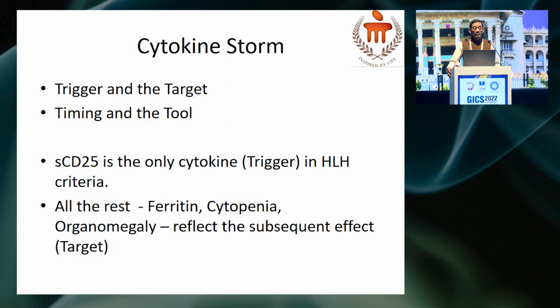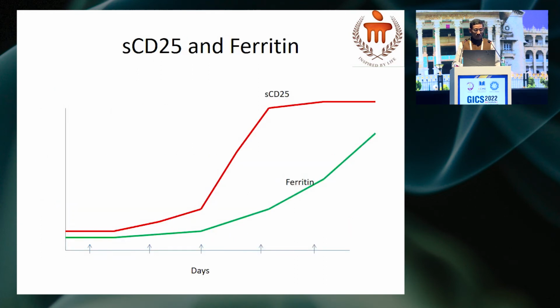One of the markers of a trigger is soluble CD25, and that is the only such cytokine in the HLH criteria of 2004. All the rest, for example ferritin, cytopenia, organomegaly, reflect established end-organ damage, which is the target. So a marker of the trigger in the form of soluble CD25 probably is a better biomarker.